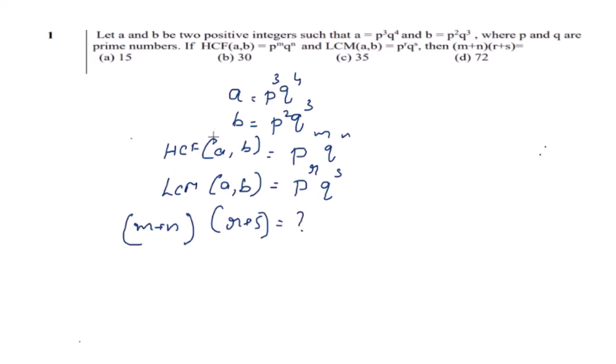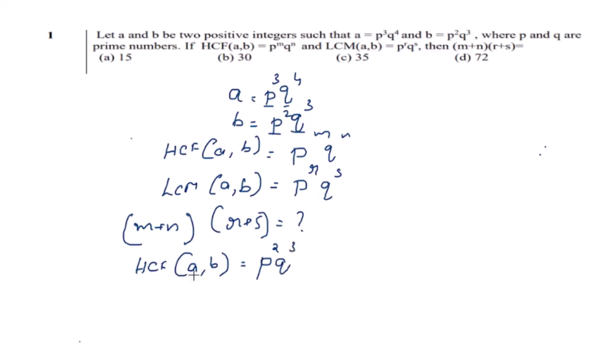So first, a is equal to p cube q raised to the power 4 and b is equal to p square q cube. So HCF of a, b. HCF of a and b is HCF of p cube and p square, which is p square. Highest common factor among p cube and p square is p square. Q raised to the power, HCF of q raised to the power 4 and q cube is q cube.